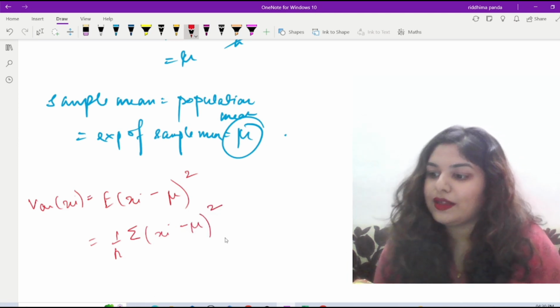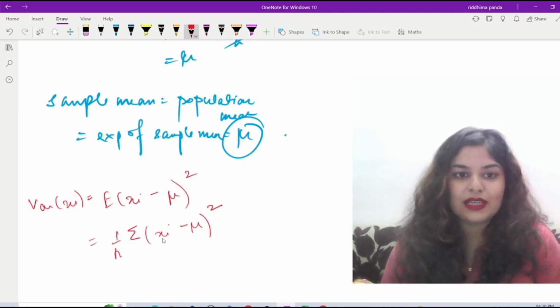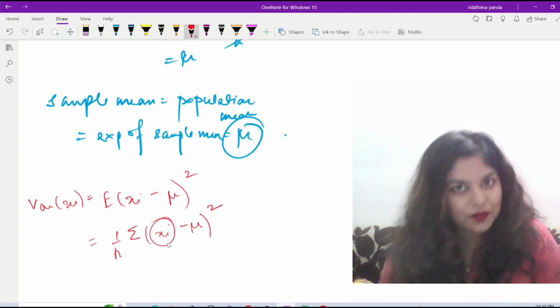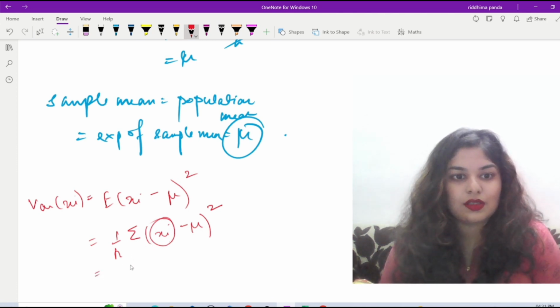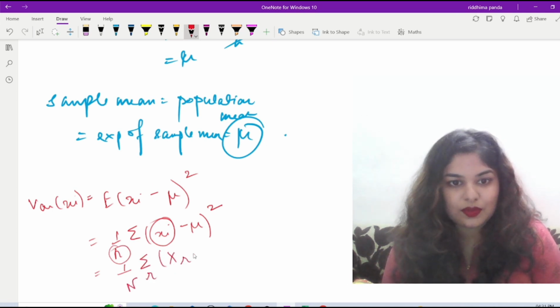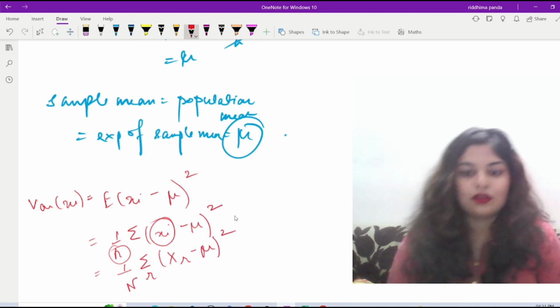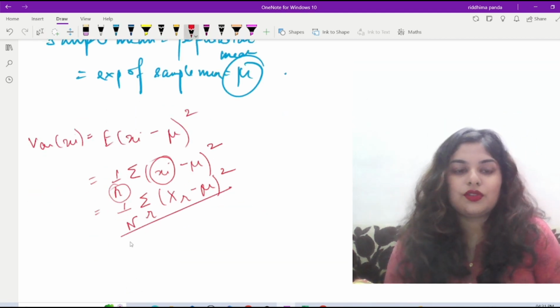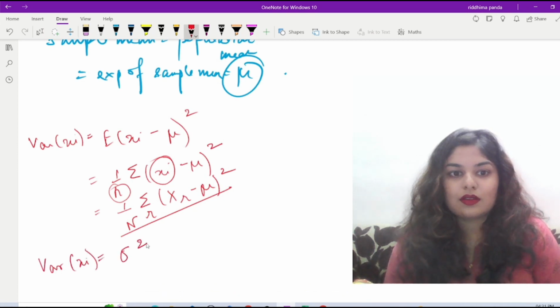Now again by the same logic, this xi is actually being selected from the population, so I can write 1 by n summation of xr out of the population minus the population mean whole square. So this is nothing but our population variance, so sigma square. So this becomes 3.